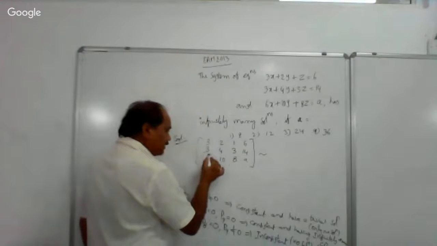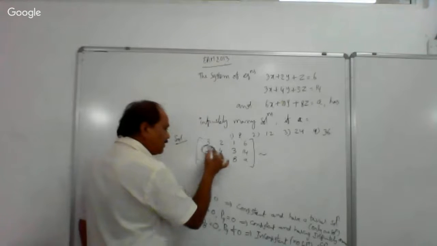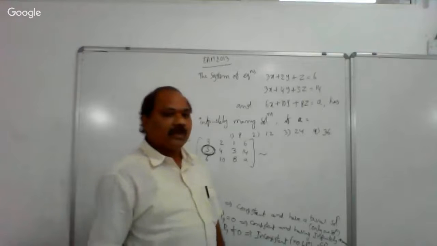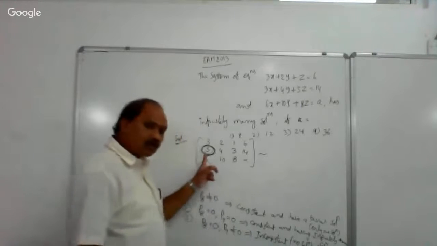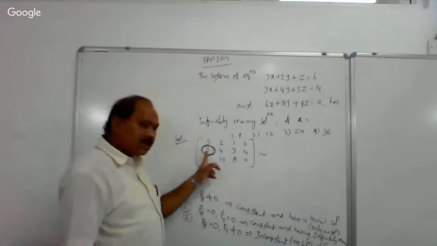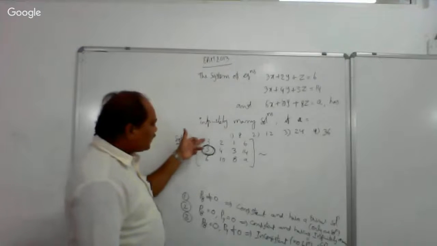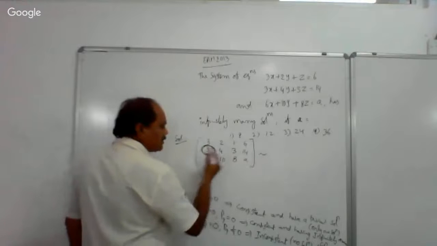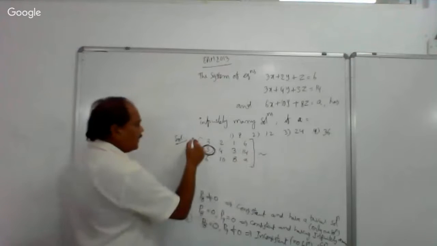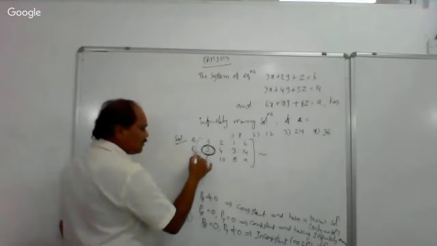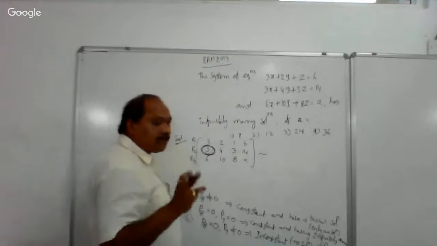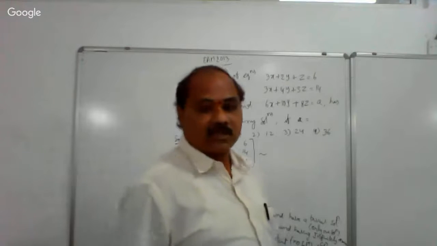Now, here you should remember one thing. Generally, first make 0 here, in second row, first column. You can use R1, the first row, R2, R3. We have to apply only row transformations.